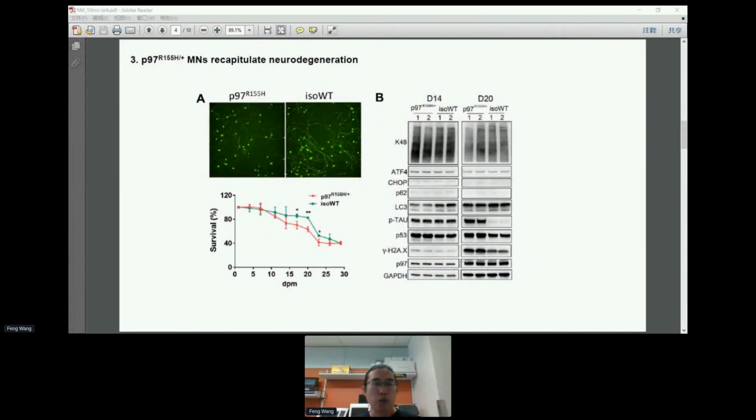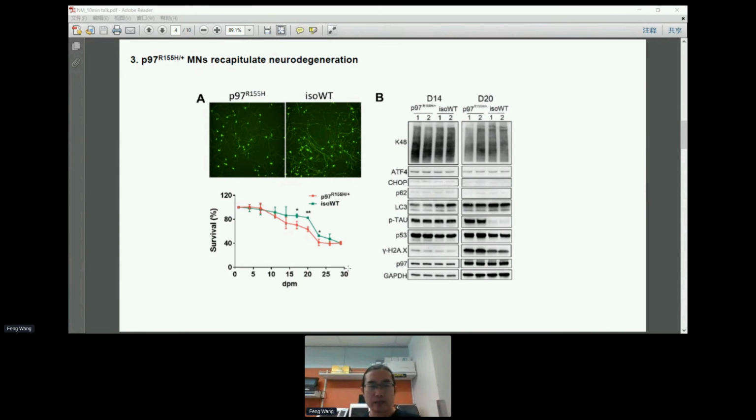And then we want to see whether the induced motor neurons can recapitulate neurodegeneration. The first thing we did is to determine cell survival using a live cell staining assay. We monitored the neurons from day 0 until day 30. At day 14, when the motor neurons are mature, we see a slight difference between wild type and mutant neurons.